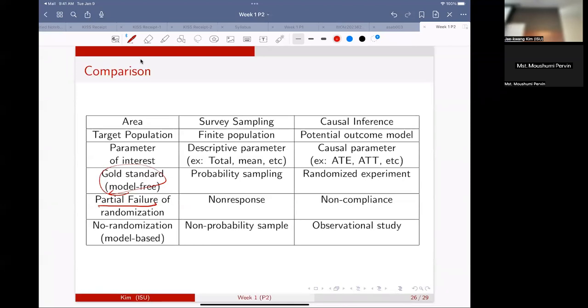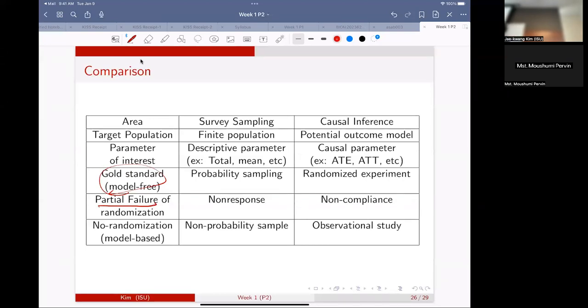Another issue in the context of causal inference, the same thing happens for non-compliance. Even though the doctor gives a description, some guidance to take, for example, a particular medicine, what if they don't take it, right?